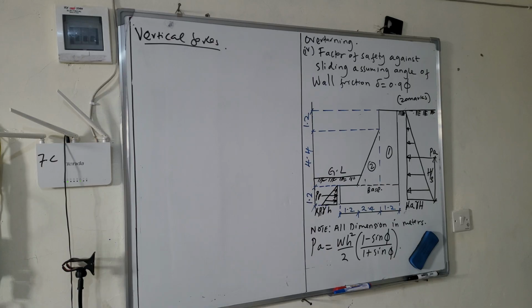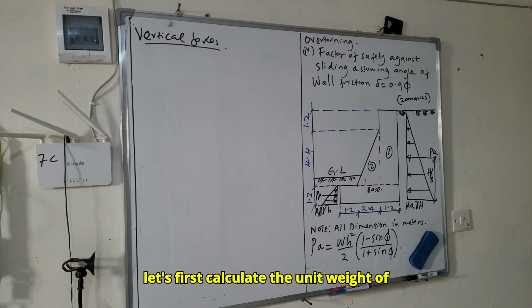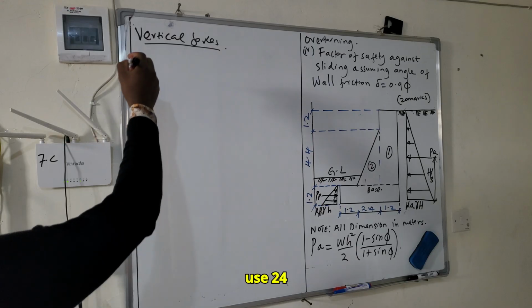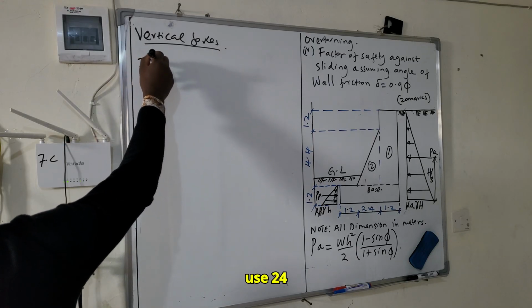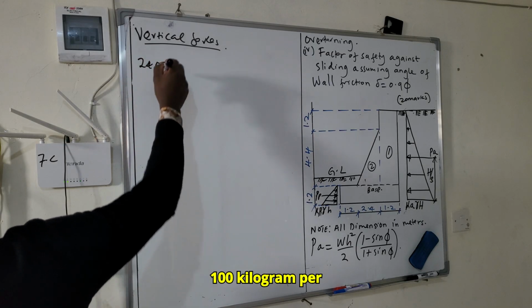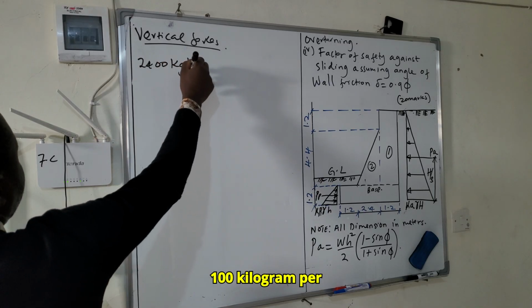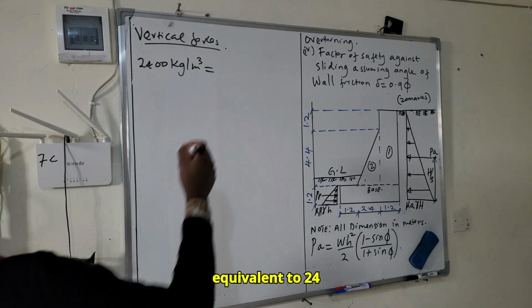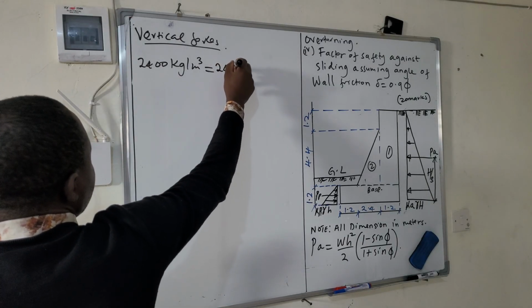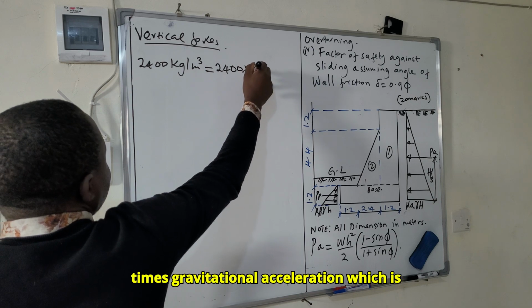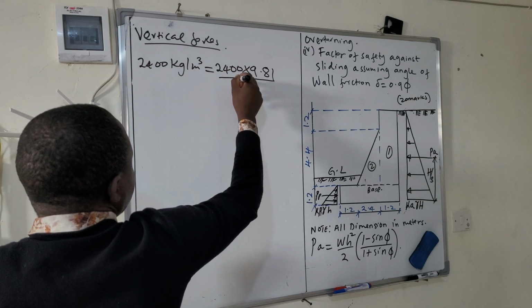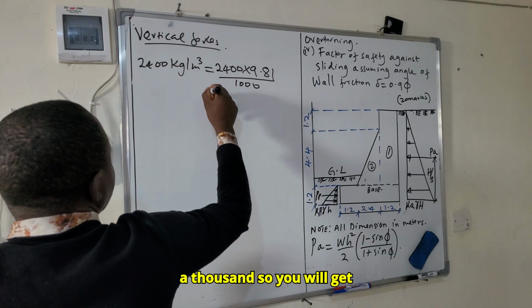Before we start calculating the forces, let's first calculate the unit weight of concrete. We have been told to use 2400 kilogram per meter cubed. This is equivalent to 2400 times gravitational acceleration, 9.81, over 1,000.